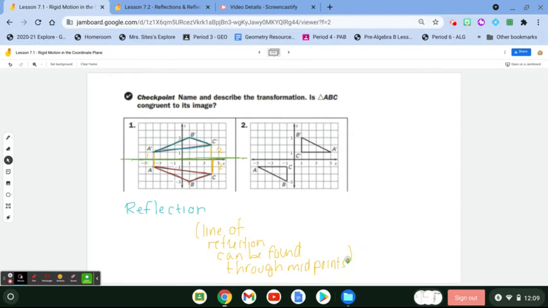So if I connected C and C prime and found the midpoint, that would give me a nice place right there of where I could find that line of reflection. So our line of reflection in this particular problem happens to be the x-axis. Okay, and then is triangle ABC congruent to its image? It most certainly is.